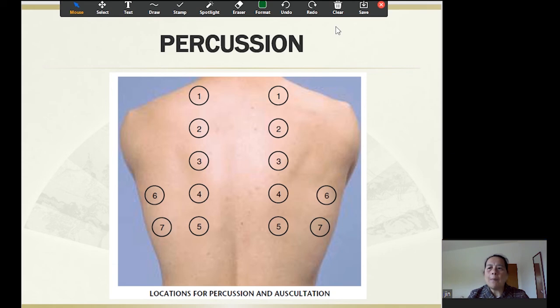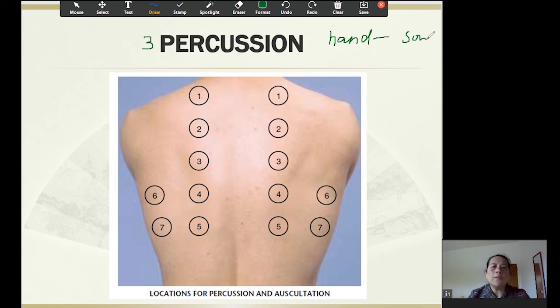Then we're talking about percussion, the third way. Third way is percussion. For percussion, we still use our hand, put on the patient, but we tap on the patient and then we hear the sounds.